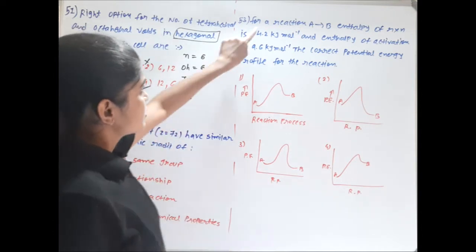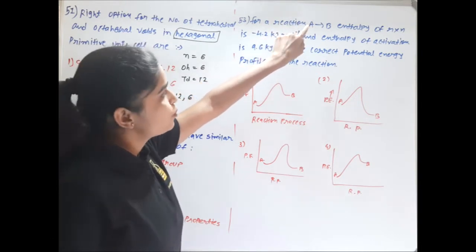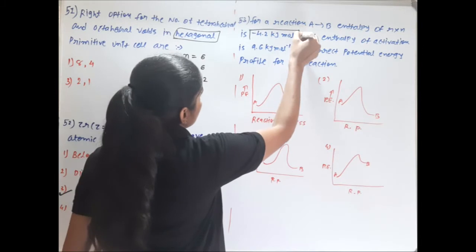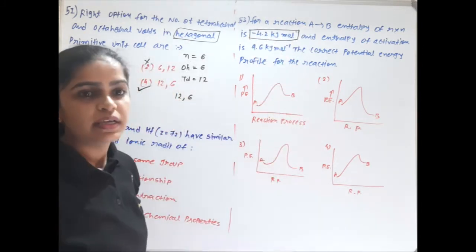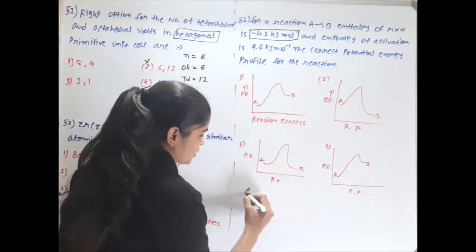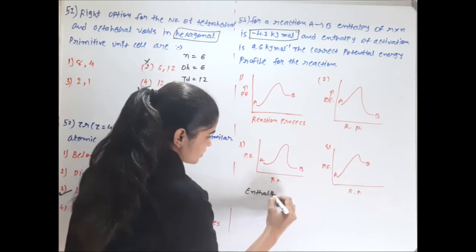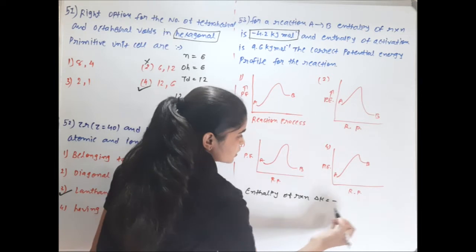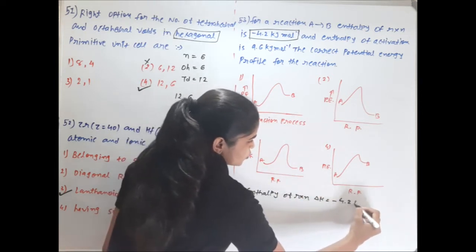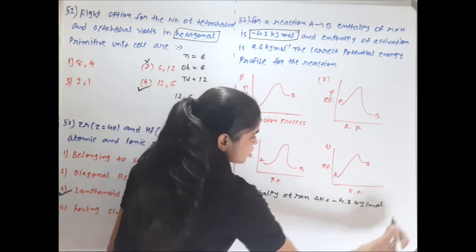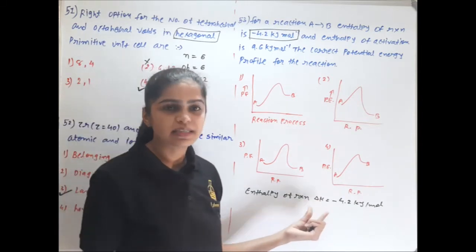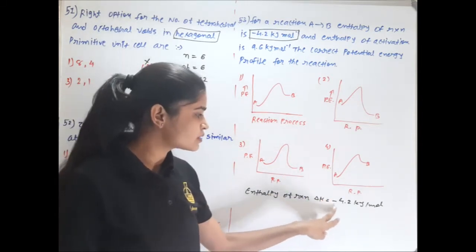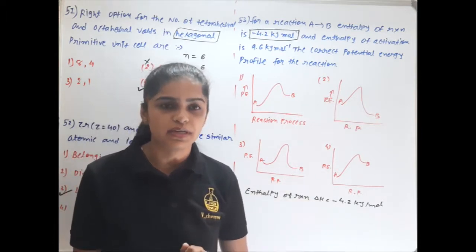Third: for a reaction A to B, the enthalpy of reaction is minus 4.2 kilojoule per mole. The enthalpy of reaction delta H is equal to minus 4.2 kilojoule per mole. We know that if delta H is negative, this is an exothermic reaction, and where it is positive, this is an endothermic reaction.